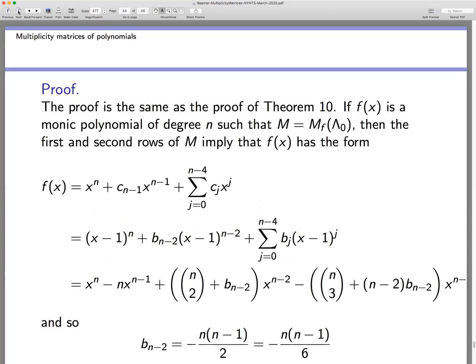So f of x as a sum of powers of x has an x to the n term, an x to the n minus 1 term, no n minus 2 or n minus 3, and then other terms whose coefficients can be 0 or positive, it doesn't matter. This is from looking at the first row of the matrix.